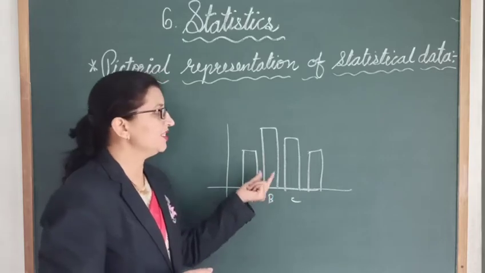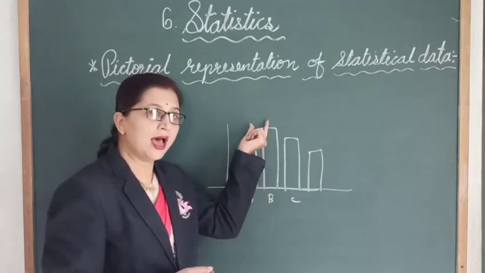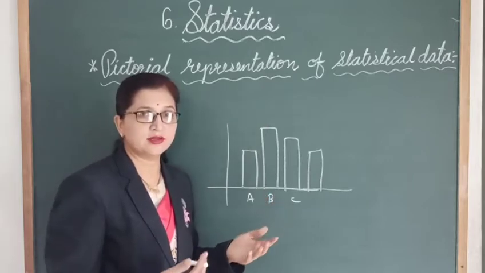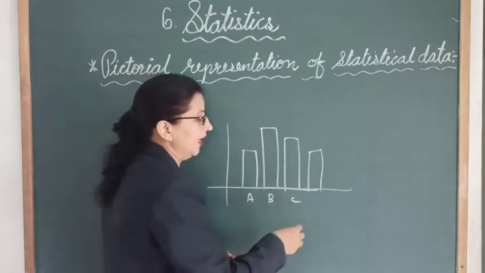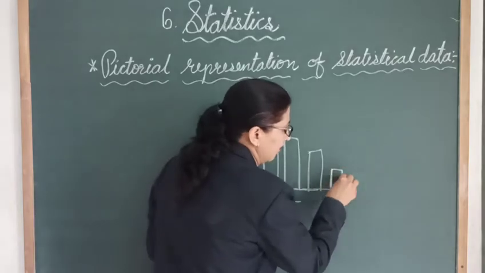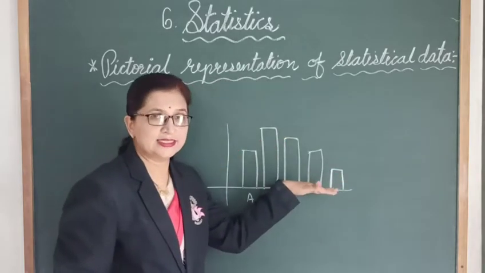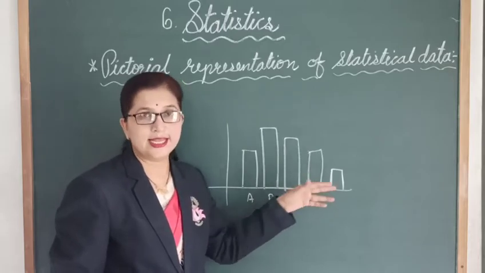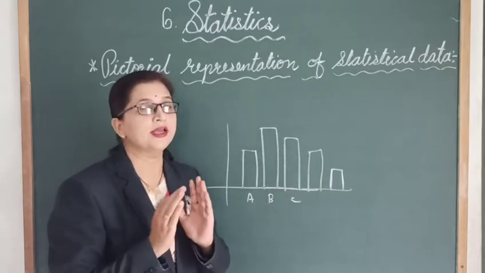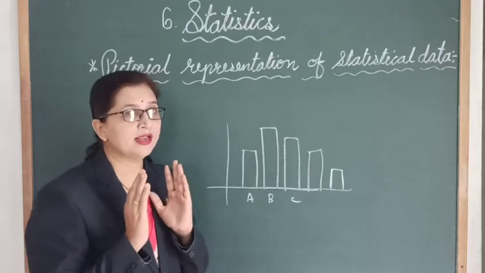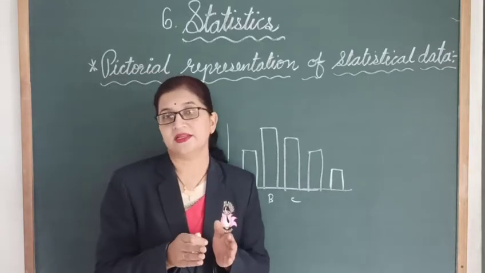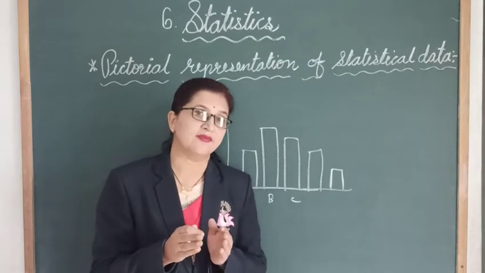Here, the bar which has more height means that player had scored more runs. Similarly, if the height of any bar is less, it means that player had scored less runs, right?